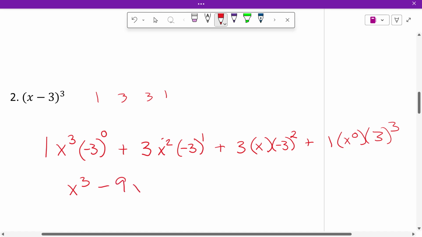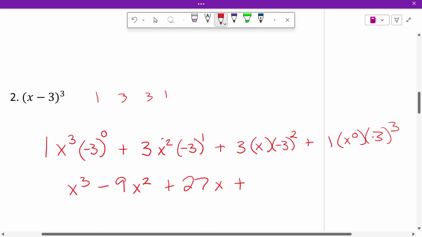Negative 9x squared. Okay. What is negative 3 to the second power? Positive 9. Good job. It is 9 times 3 is 27. x is to the what power? First power.